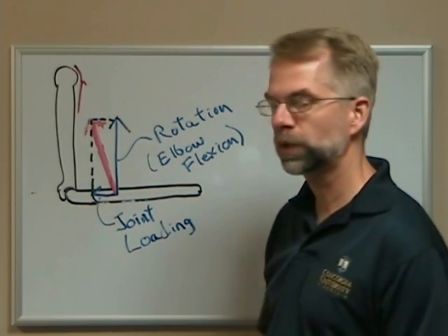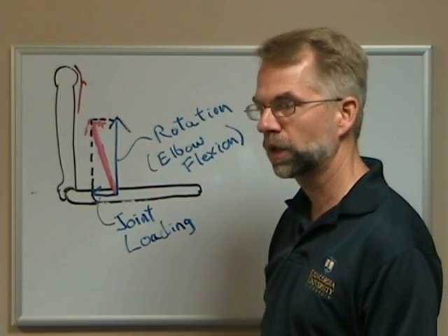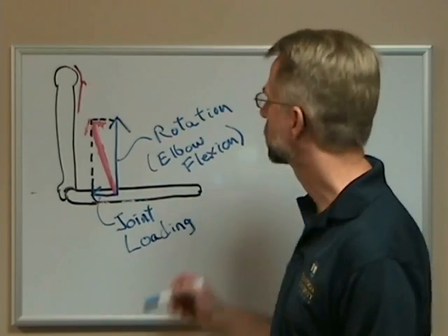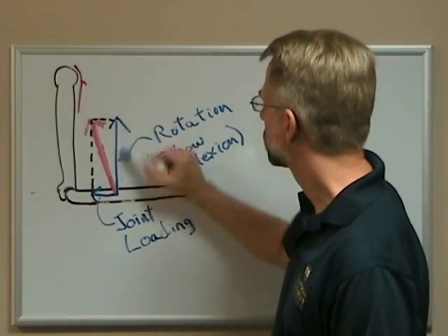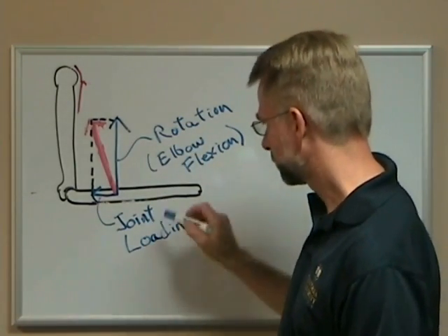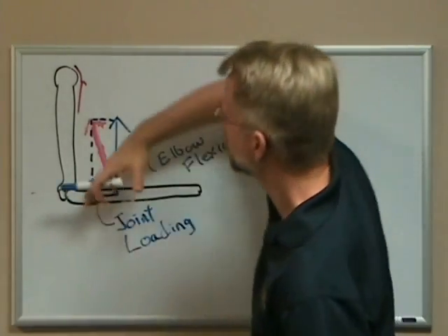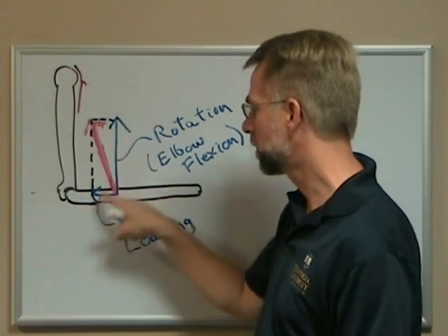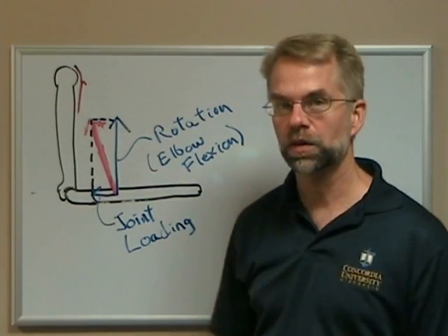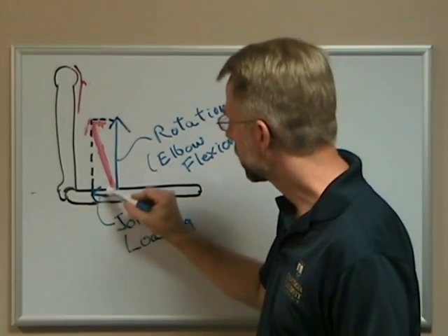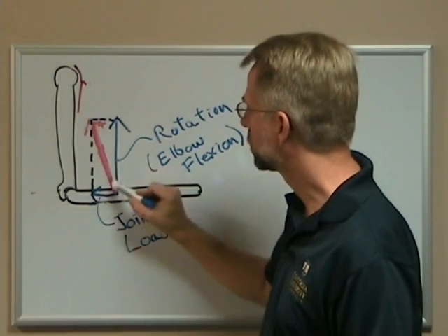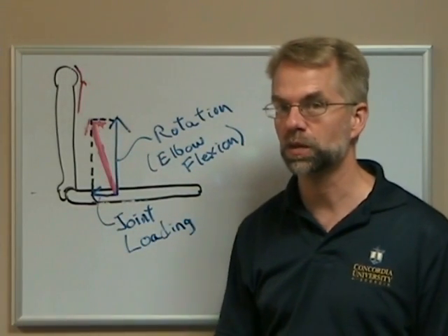One that creates either joint loading or joint unloading, that is joint compression or joint distraction, and one that creates some sort of rotation. If you play around with this for a little while and put this forearm in different positions, you'll notice when you make your parallelograms that the relative length of those two components of that muscle force change dramatically.